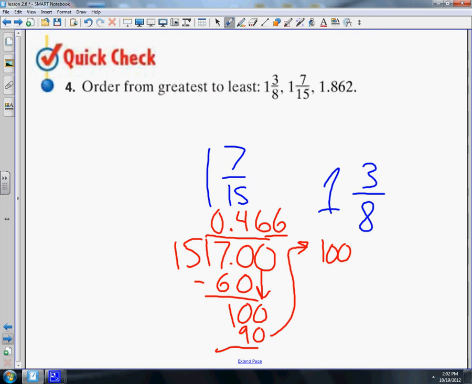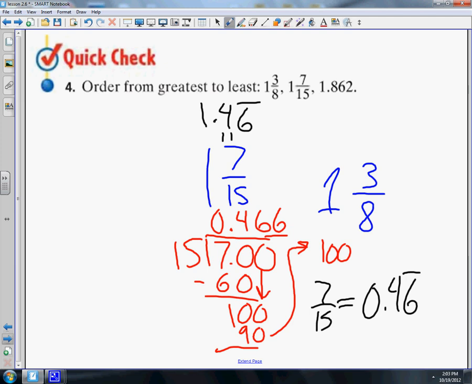So that means the fraction 7 over 15 equals 0.46 repeated. Therefore, if we tack on our 1 to the front, 1 and 7/15ths is equal to 1.46 with the 6 repeated.